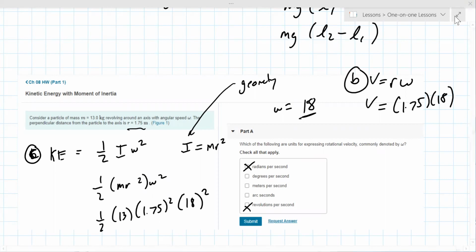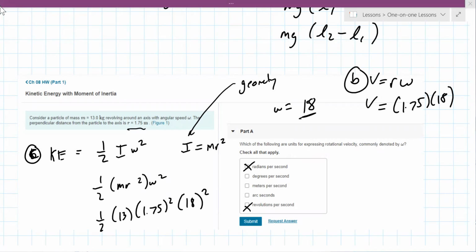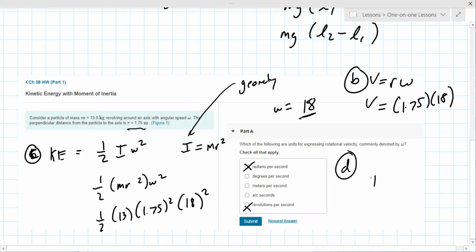Part D. I don't have part D. Let me see if one of these references has a part D in it. No. Does that ask for the moment of inertia? Yeah, it does. The moment of inertia in part D, which we already have here, is I equals mr squared.